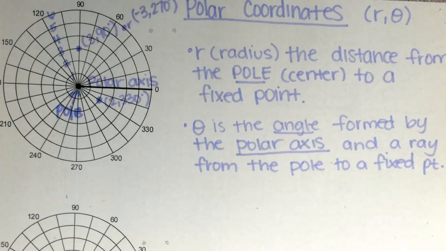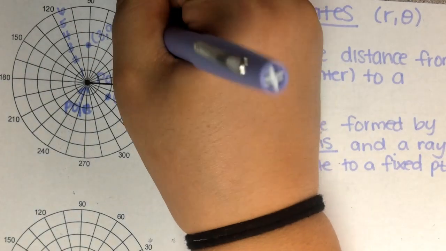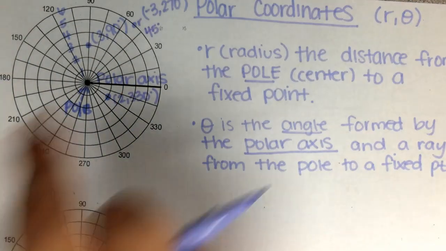Can you please plot -5, 45? I want you to plot -5, 45. Here is 45 degrees.